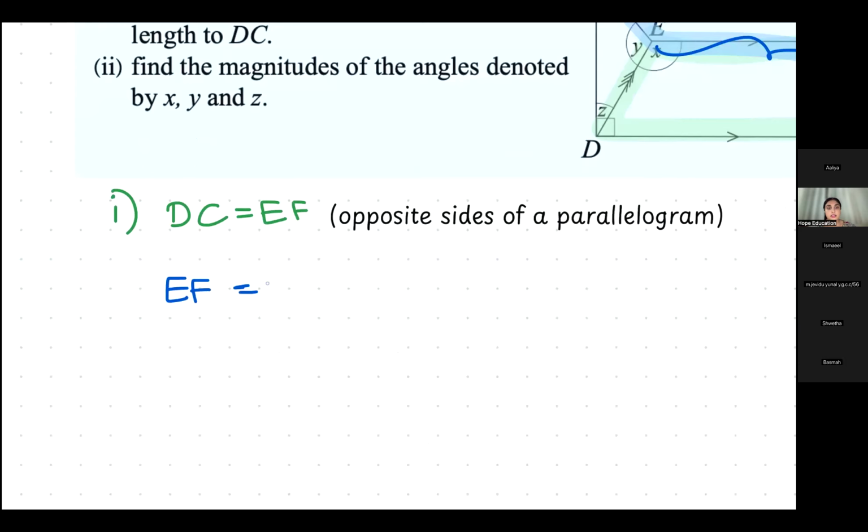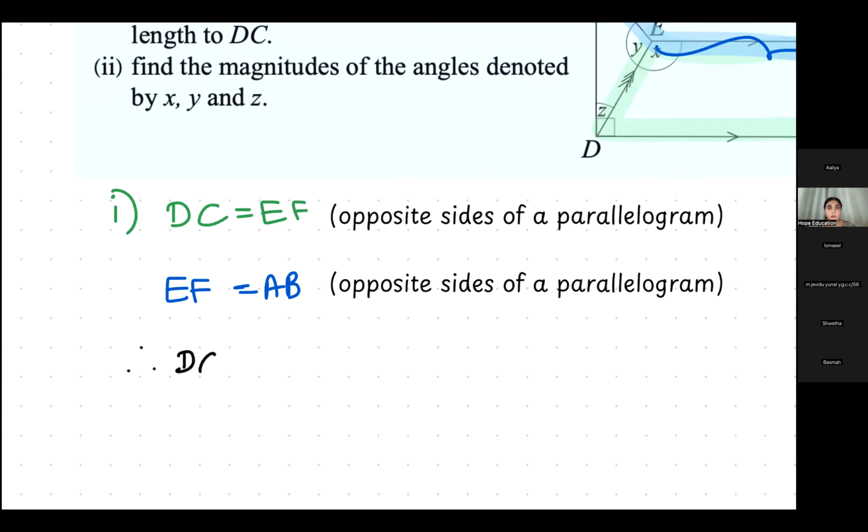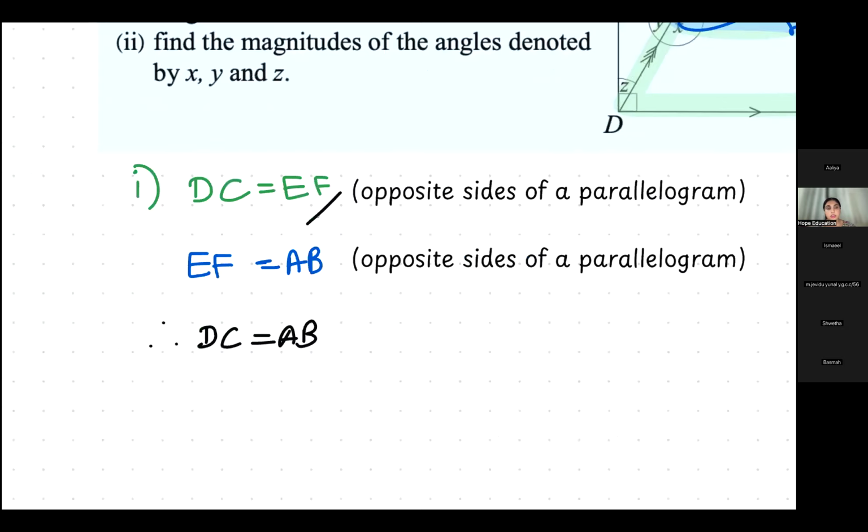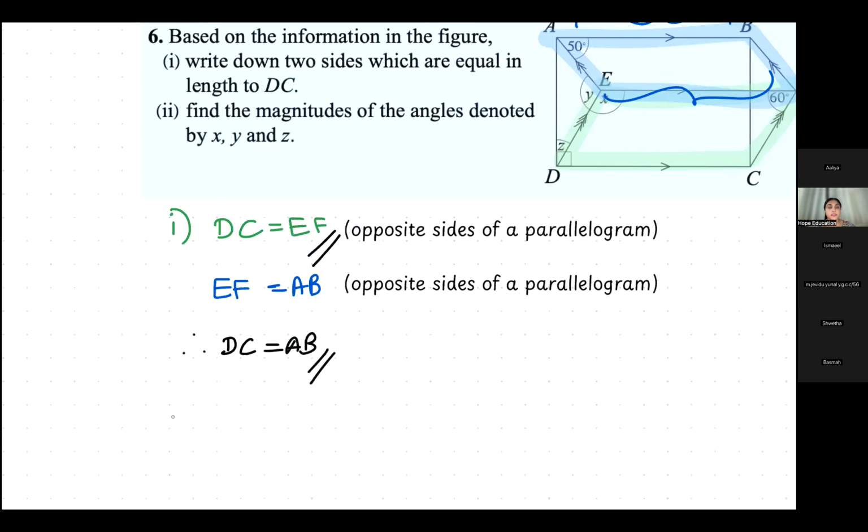And what is the reason again? Opposite sides of a parallelogram. DC is equal to EF, EF is equal to AB. DC is automatically equal to AB also, right? DC equal to EF, EF equal to AB means DC is also equal to AB. So the two equal sides to DC are EF and AB. Okay? So that's Roman number 1.